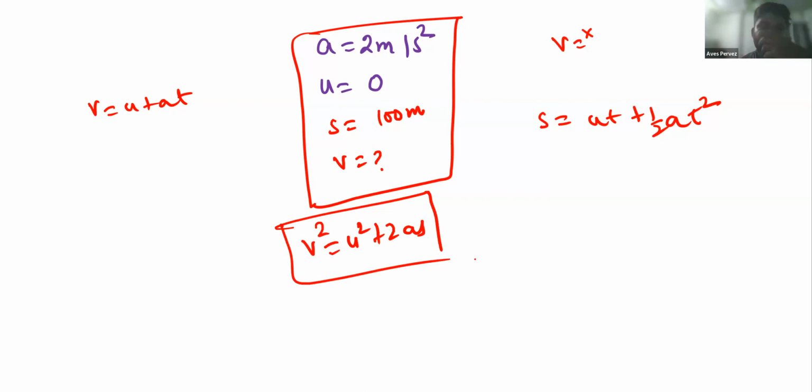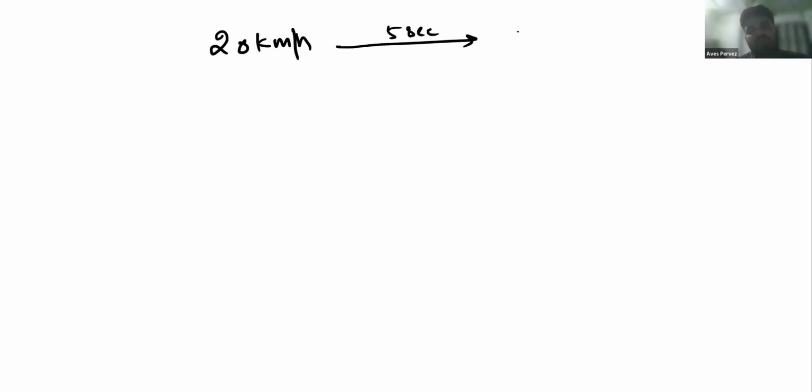Sometimes the velocity is given in kilometer per hour instead of meter per second. For example, an object starts having an initial velocity of 20 kilometer per hour, and after 5 seconds its velocity becomes 92 kilometer per hour.